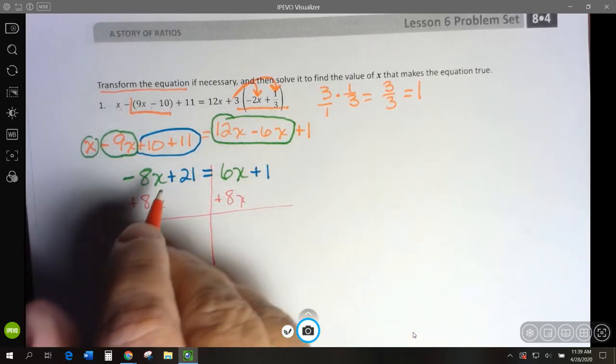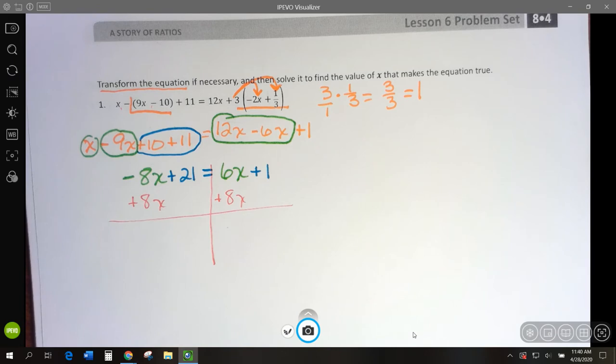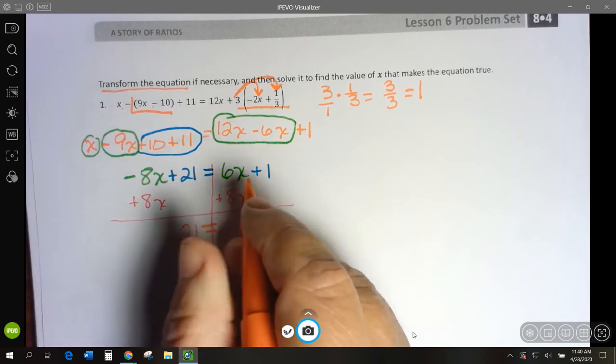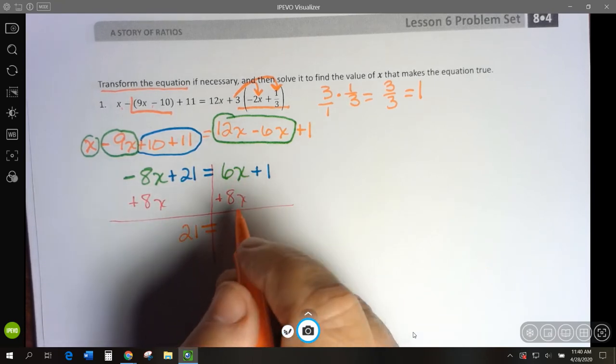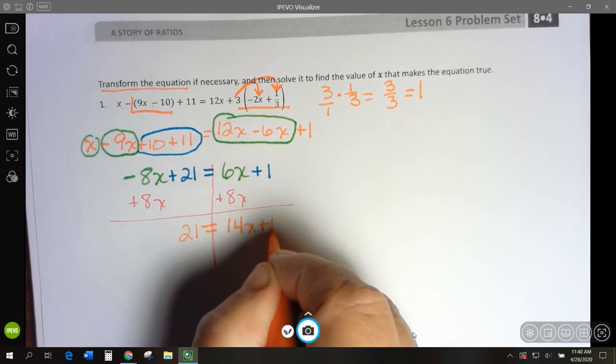Negative 8 plus 8 is 0x. No x, plus 21. So we're going to end up with a positive 21 equals 6 plus 8 is 14x plus 1.